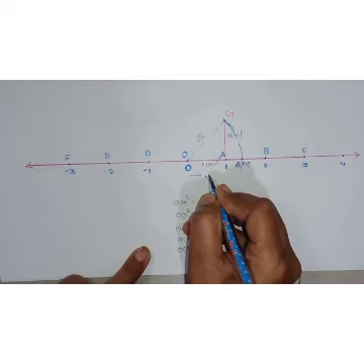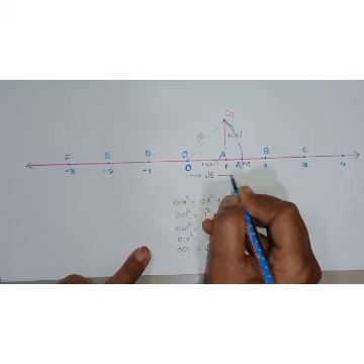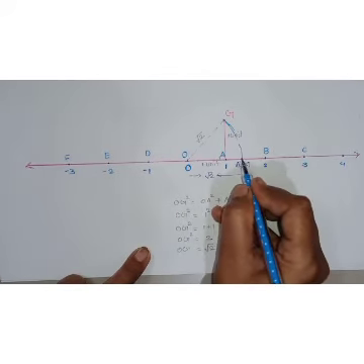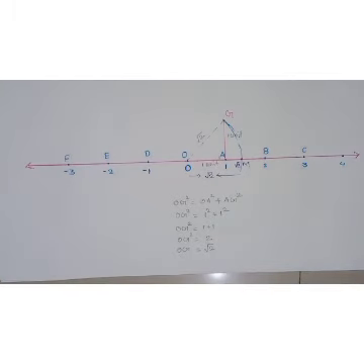This distance is root 2. In this way we will show root 2 on the number line.